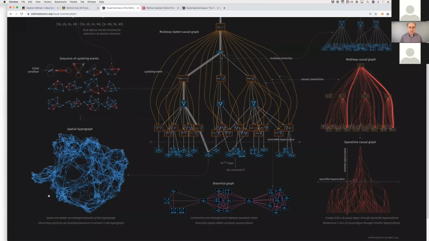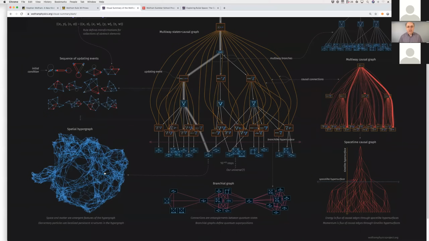And so in a sense, what we find is that physical space corresponds to the extent of this hypergraph. Quantum mechanics arises from this branchial space that exists as a result of this set of possibilities associated with the multi-way system. And one of the amazing and beautiful things that happens is that it's possible to derive the Einstein equations for general relativity from the behavior of these hypergraphs.